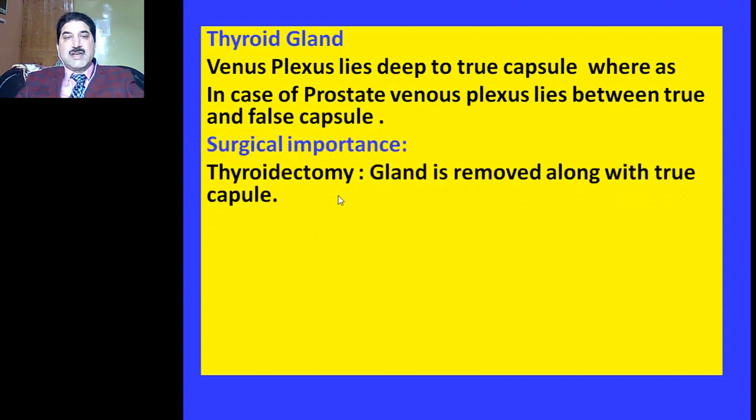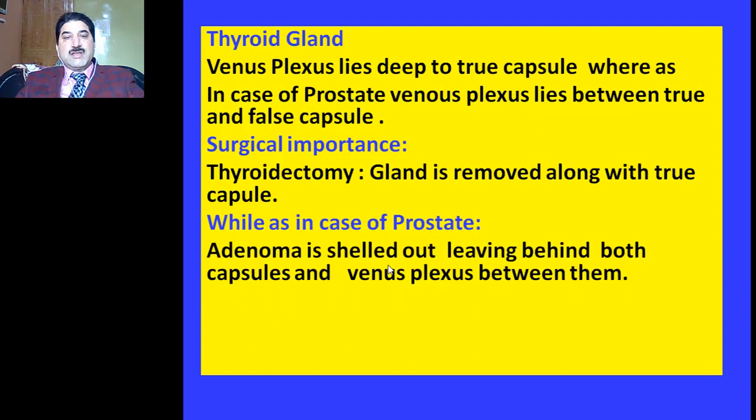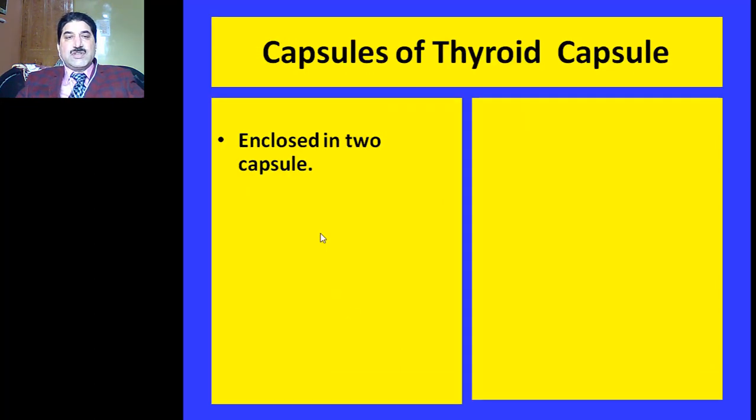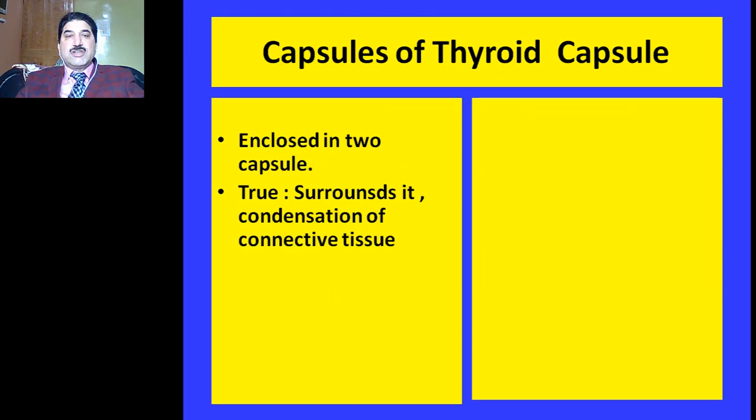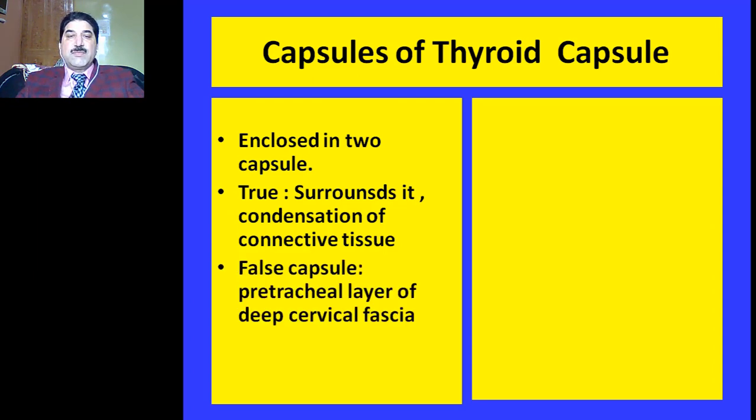Surgical importance is that during thyroidectomy, the gland is removed along with the true capsule, whereas in the case of the prostate, the adenoma is shelled out, leaving behind both capsules and the venous plexus between them. Like the prostate, the thyroid gland is enclosed in two capsules. The true capsule surrounds it. The false capsule is derived from the pretracheal layer of deep cervical fascia.